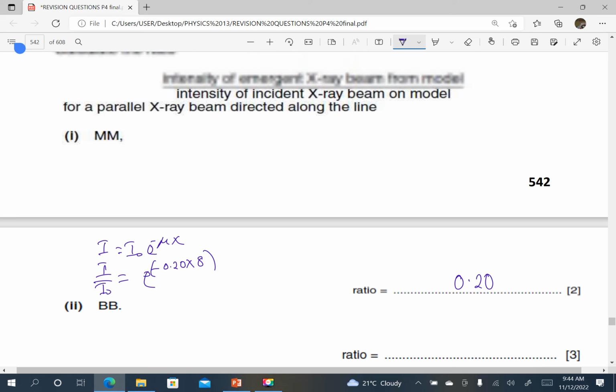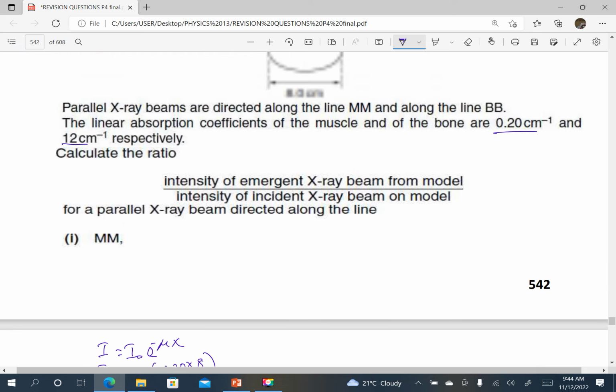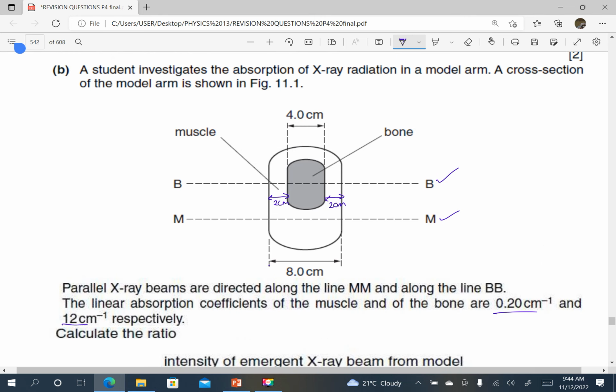Then we want along BB. This is going to be a long process, but I'll try to simplify it. If we say the intensity coming in is I naught, what is incident on the bone is I1. I1 is the same intensity which just enters the bone.